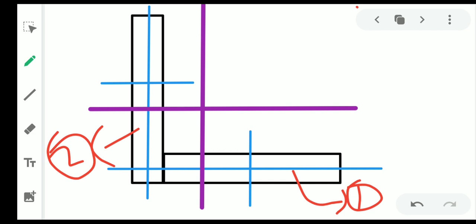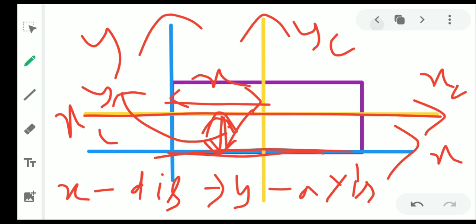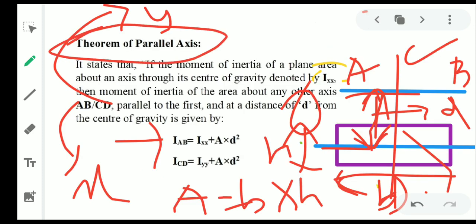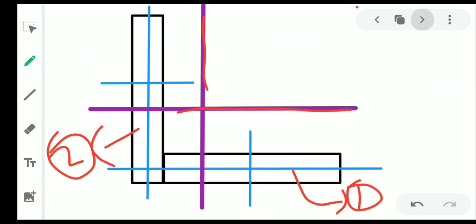But these violet lines you are seeing here are the centroidal axes of the whole section. So the parallel axis theorem is basically used to calculate the moment of inertia of that particular composite section about the centroidal axis of the whole section, because this violet or purple line is the centroidal axis of the whole section. Simple.